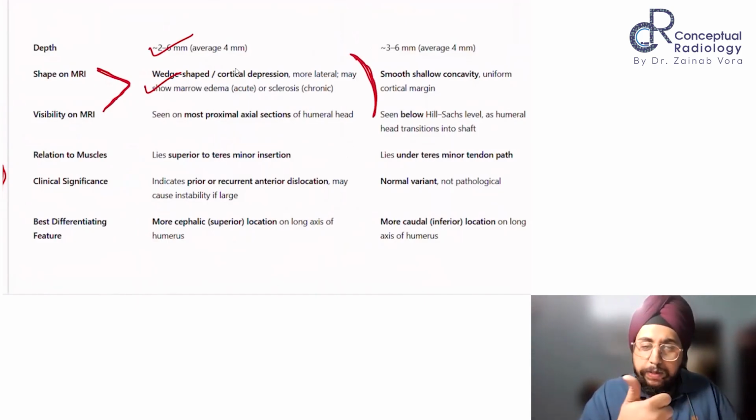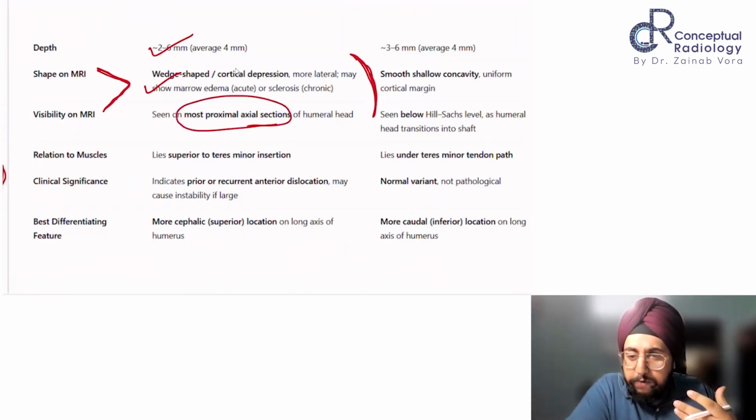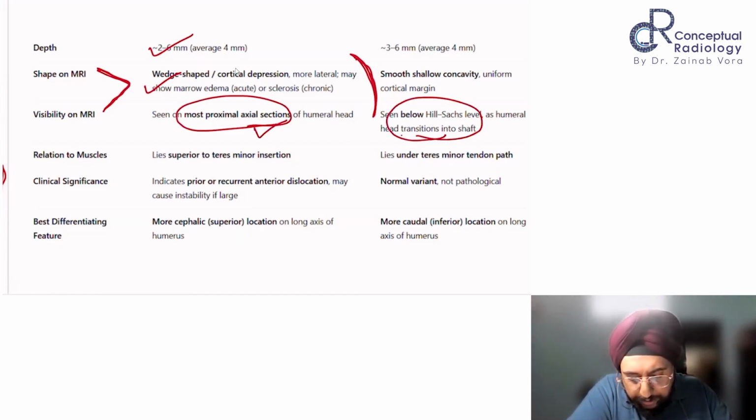But the best differentiating point will be the distance from the cephalic part. Within the first 20 mm, Hill-Sachs. After 20 mm, it's a normal anatomical groove. It will be seen on most proximal axial sections, at least in the first 1 or 2 axial sections, and this will be seen below the Hill-Sachs level as the humeral head transitions into the shaft.